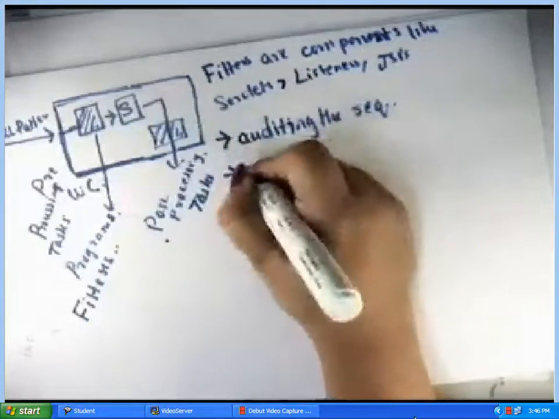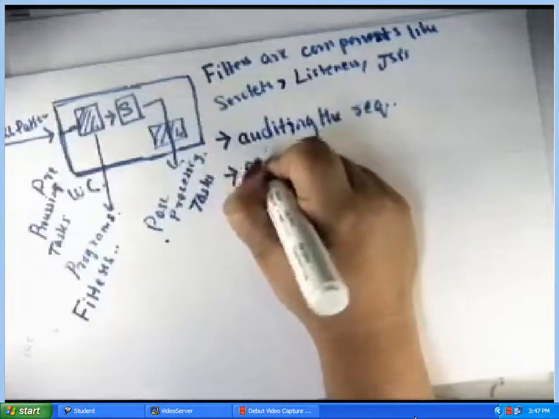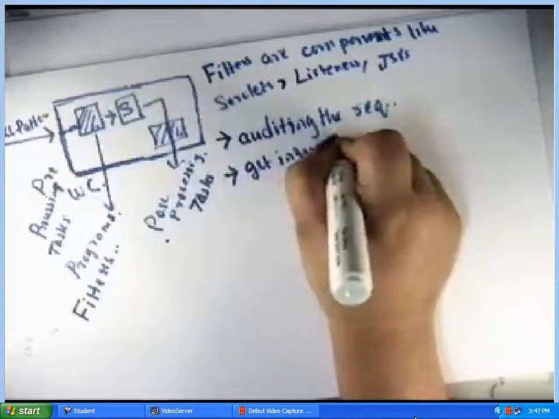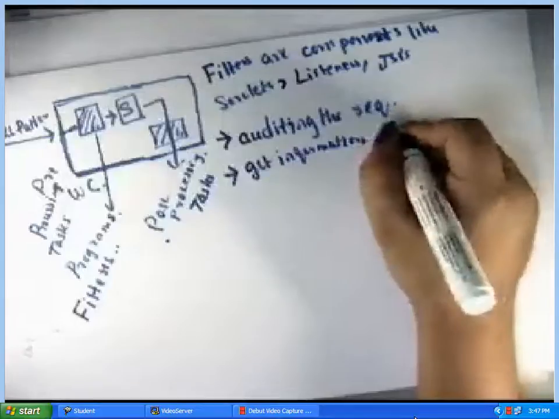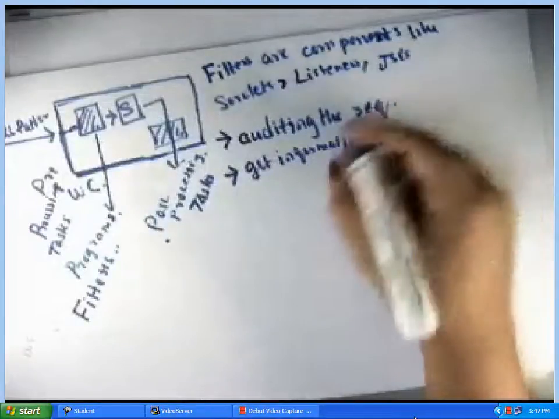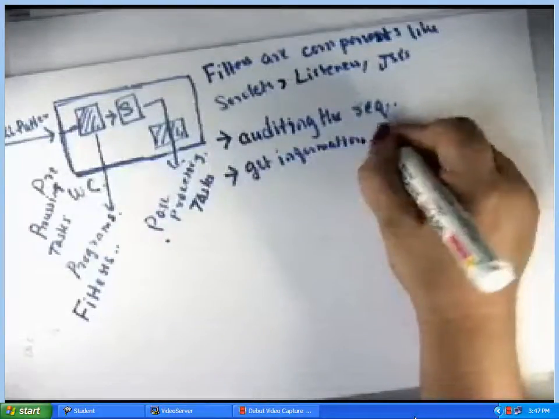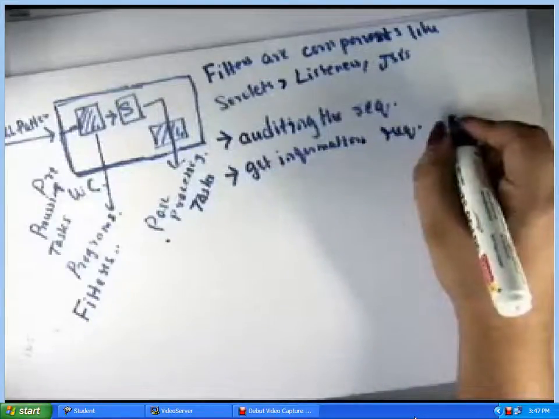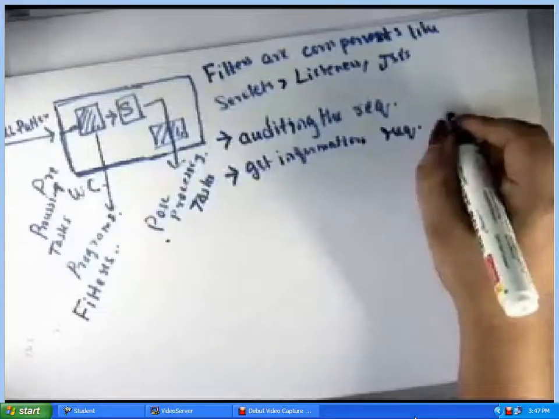Apart from this, we can get information on the request object to know the kind of contents that we may supply after processing, right?